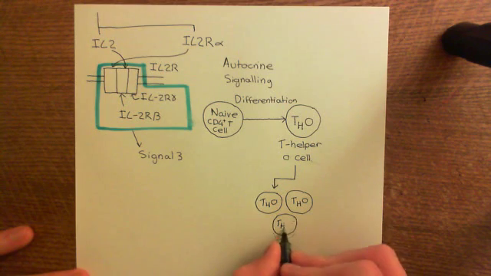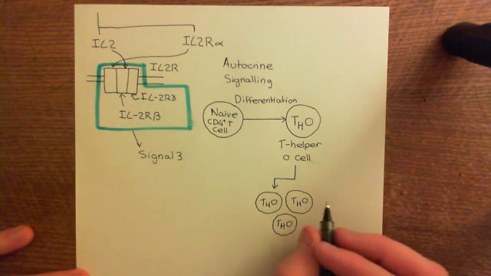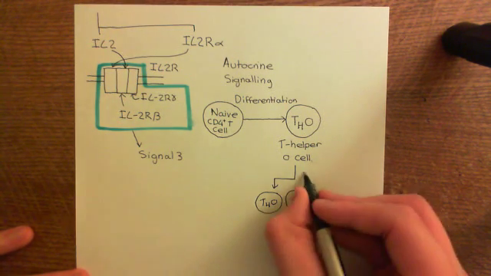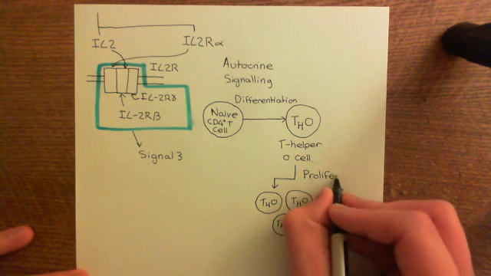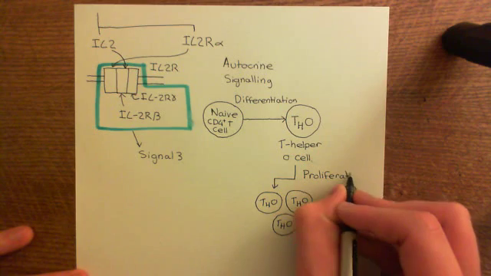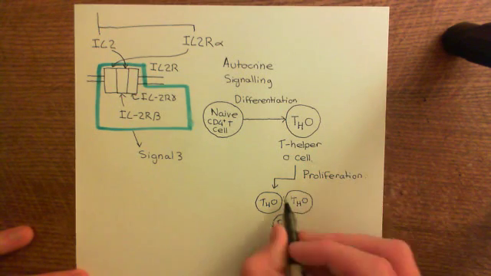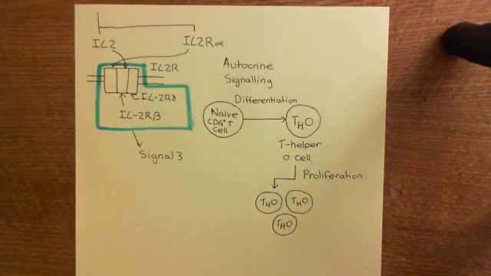So this next process is proliferation. You've produced all of these T helper naught cells which now have this identical T cell receptor, which is armed against the allergen fragment.